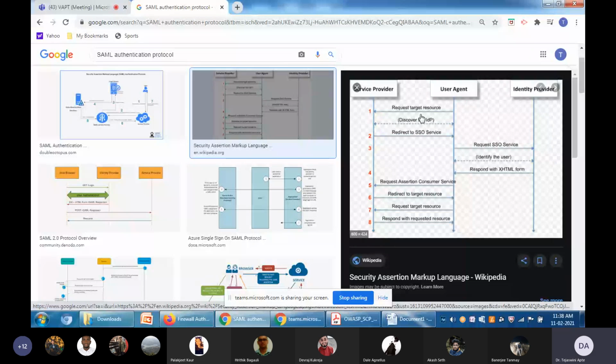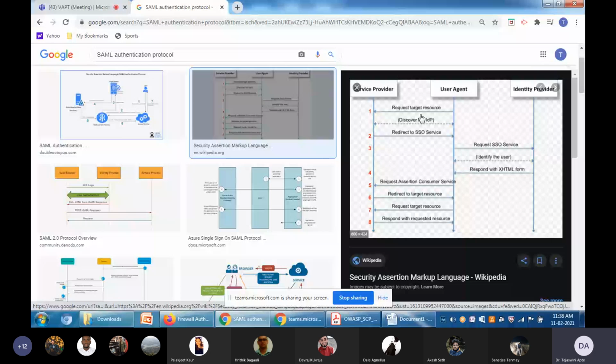Yeah, ma'am. So what I mean to say is that whenever you go with distributed systems, there are many identity providers. One is a service provider, which is again a service that carries the identity with it, and then there is the identity provider.